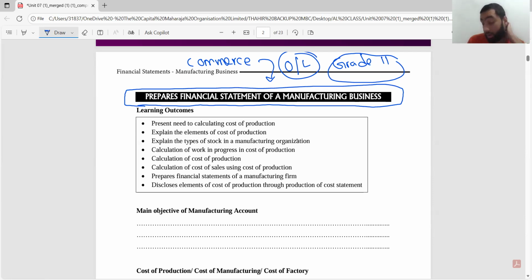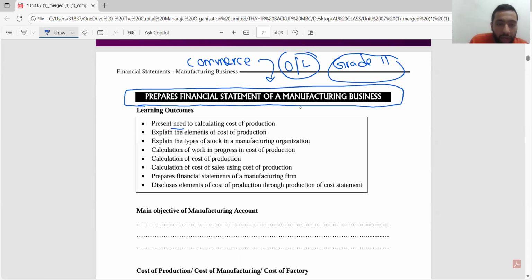If you have not done O-level commerce, you don't need to worry. I will still go from the basics. But if you have done commerce in grade 11, you will definitely have the basic idea about this chapter. So what are the learning outcomes? What does this chapter expect from you?